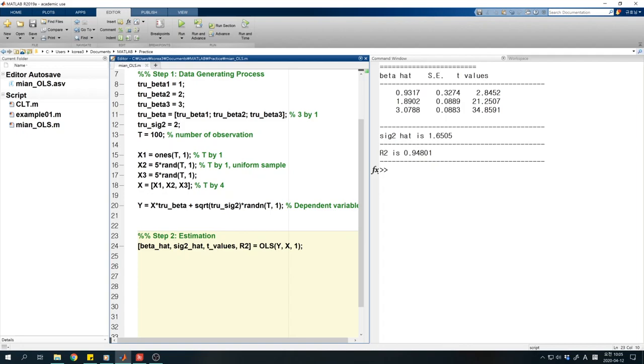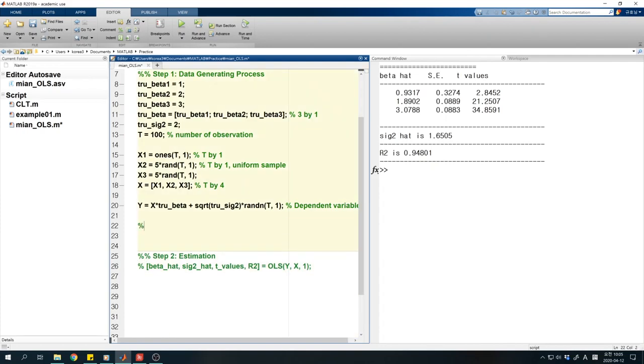Okay, so then let me put a percentage sign here. So now here, Gibbs sampling. To do this Gibbs sampling, what do you have to do?